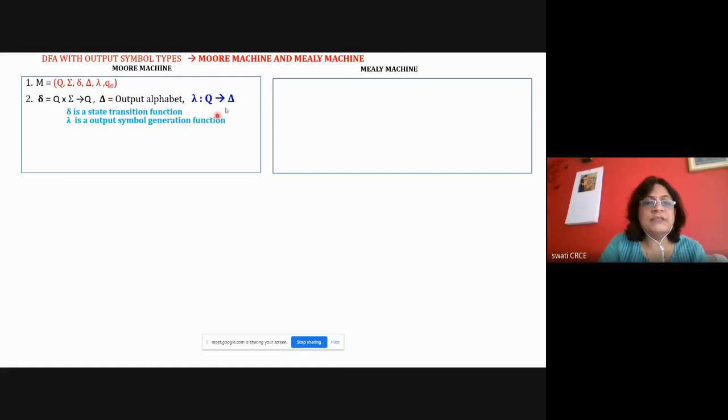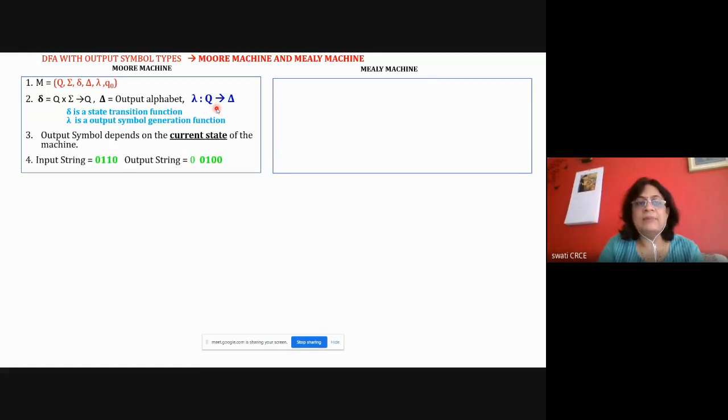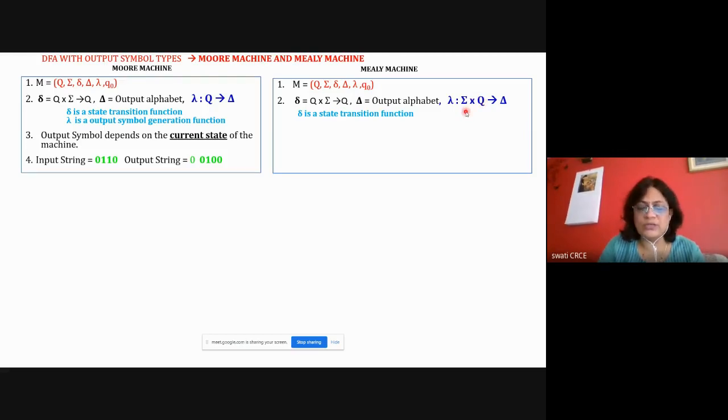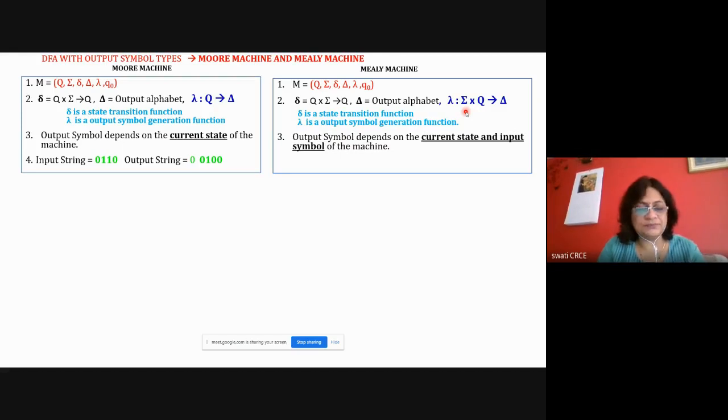Delta is the state transition function and lambda is the output symbol generation function. For the Moore machine, the output symbol depends on the current state, but for the Mealy machine, the output symbol depends on the state as well as the input symbol. You need to remember this important concept.